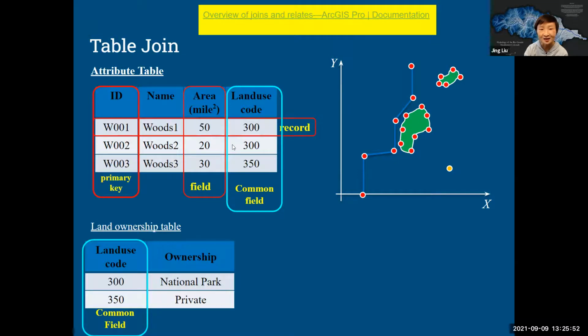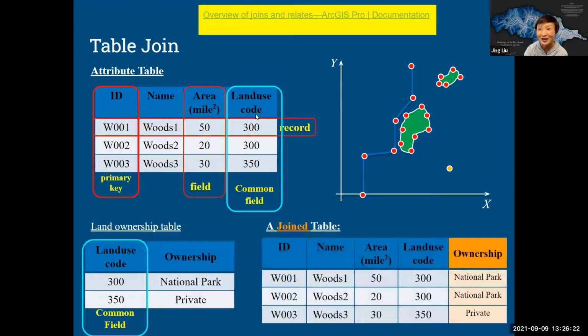You can see in this table I have land use code, including the same information as the land use code in the other table. You can also use a different name, but the data needs to stay the same. Land use code 300 in this table means the same thing as land use code 300 in the other table. So in this case, you can match them. We call that table join.